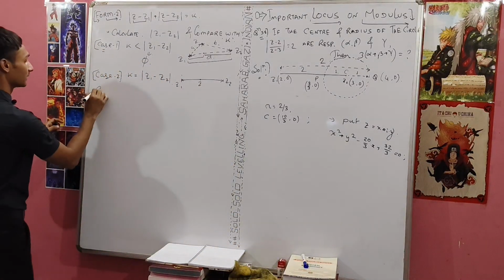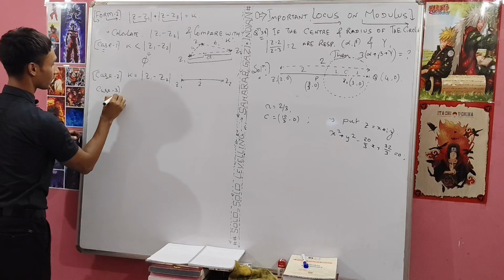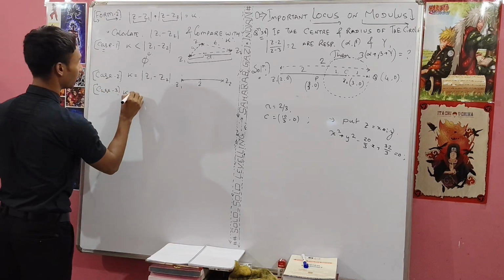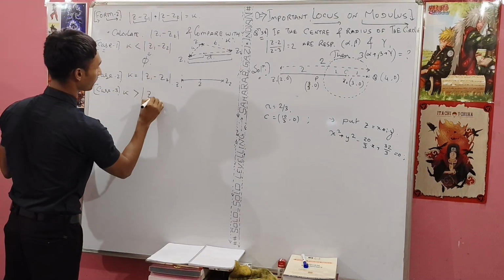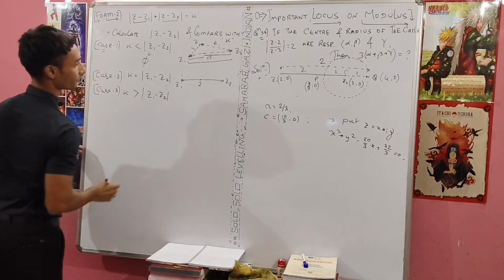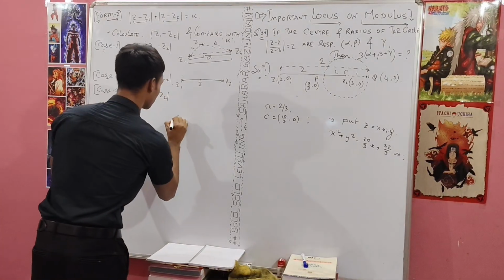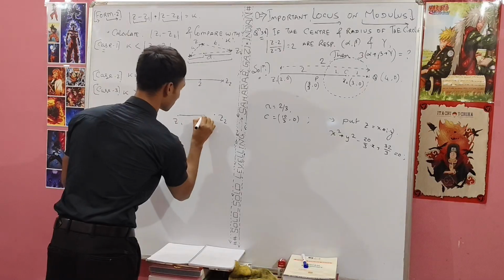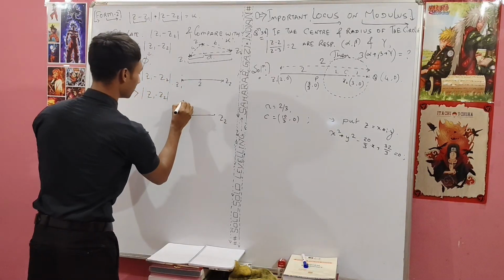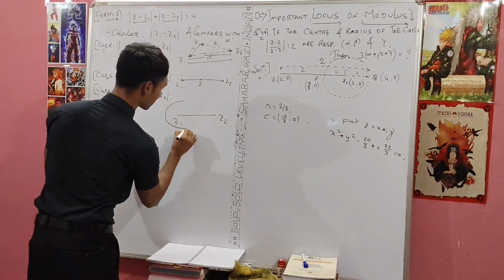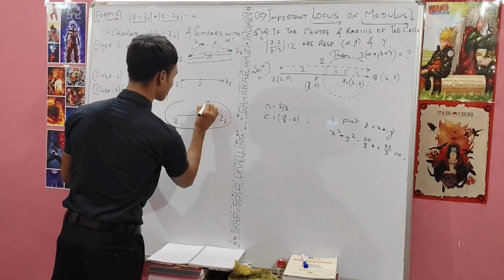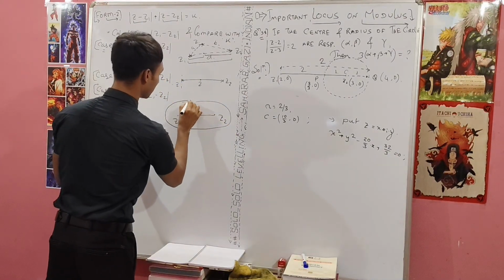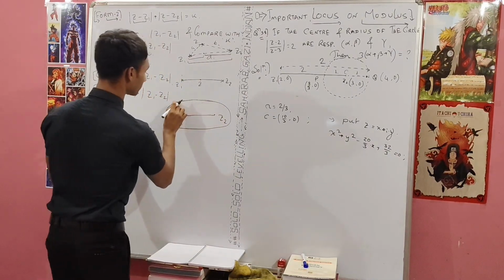And third one is case 3. When k is greater than mod of z1 minus z2. This is z1, this is z2. Here you will find an ellipse. You will find an ellipse here.